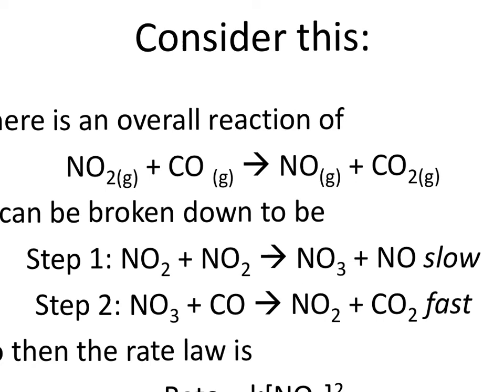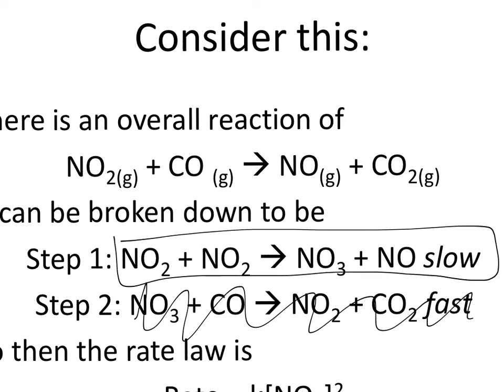While the rate order isn't necessarily what the coefficients are overall, it's always based off of the slowest reaction. So for determining the rate law, we don't worry about the fast reaction, we only worry about the slow reaction.